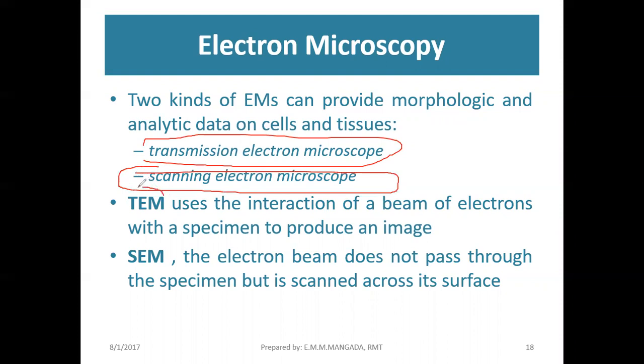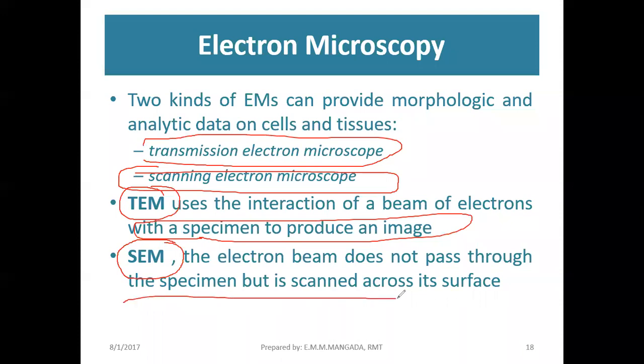Your TEM, or transmission electron microscope, uses an interaction of a beam of electrons that passes through the specimen. While your SEM doesn't pass through your specimen, but it gives you a scan of the surface of the specimen. From the term itself, scanning electrons.